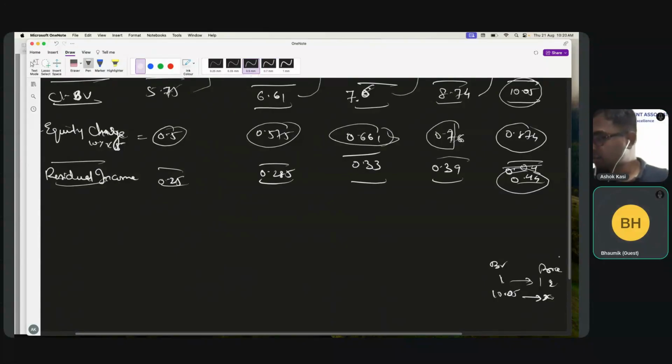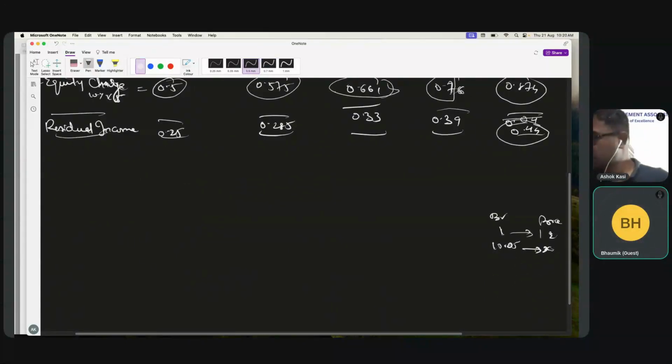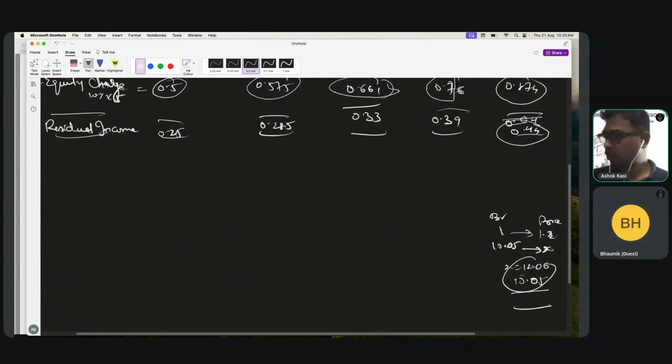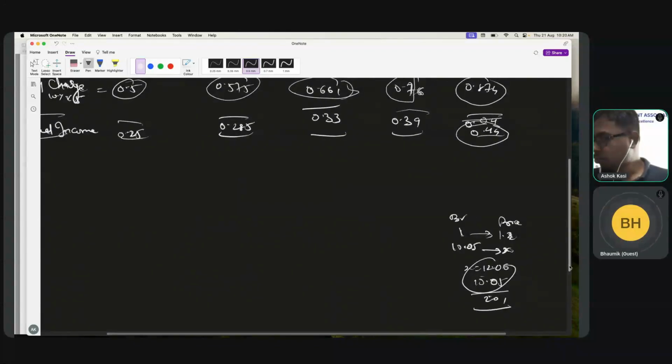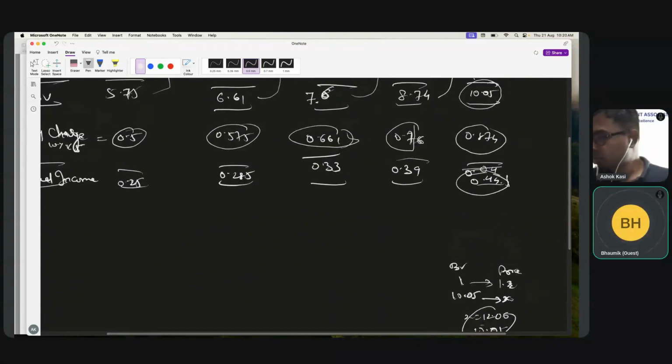Just calculate. 12.06. That means it is the exaggeration of 10.05. So the extra value is 2.01. So market will give 2.01 more. So plus 2.01.